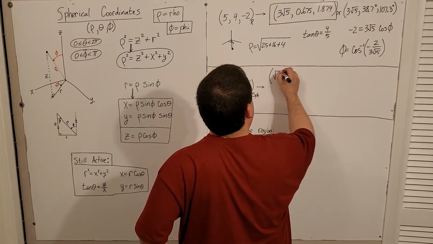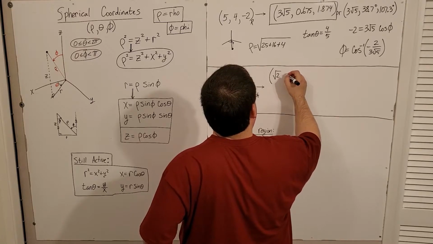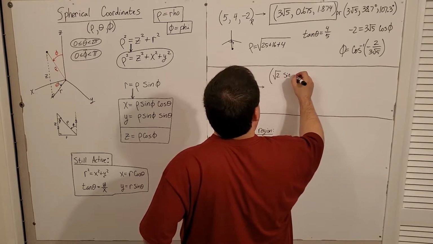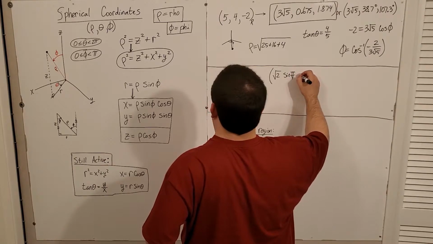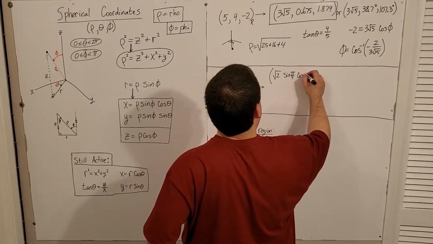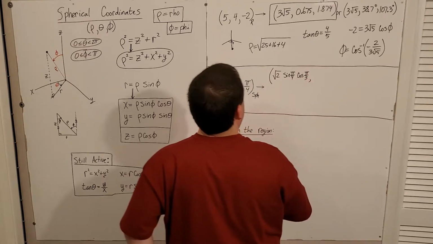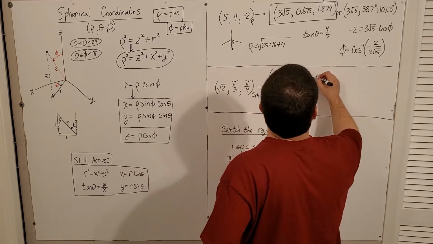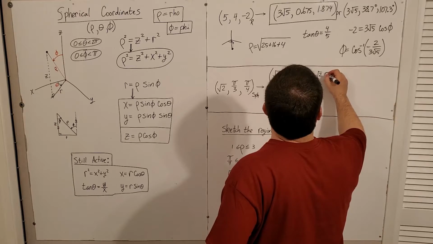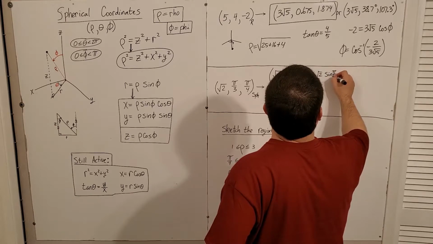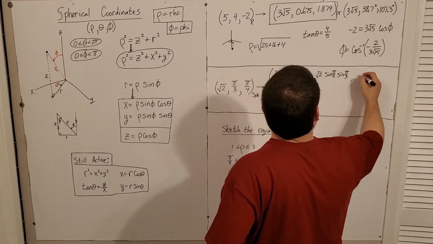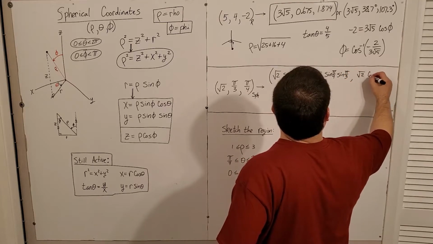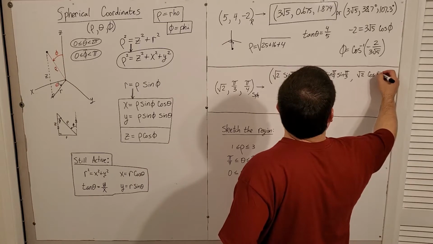I'll write it out first. x is square root of 2 sine pi over 4 cosine pi over 3. y is going to be square root of 2 sine pi over 4 sine pi over 3. And z is just going to be square root of 2 cosine of pi over 4.